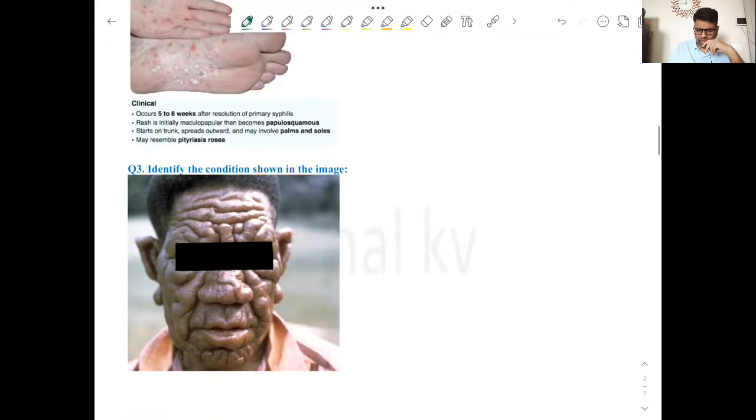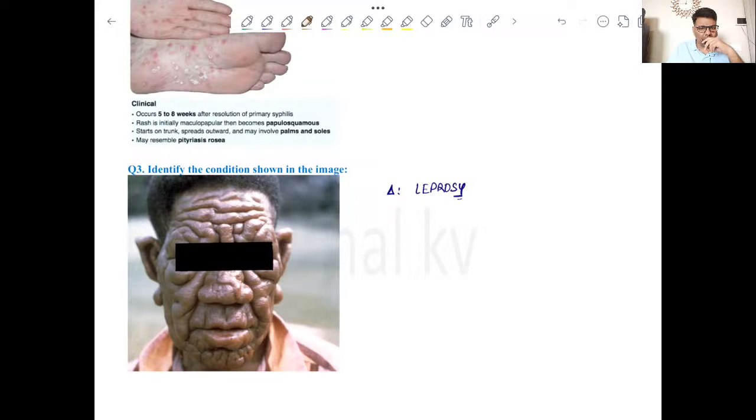Then moving on to another question, and again this is an image based question, and simply you have to answer what this actually is. I think this is one of the common conditions which we see in India, and it is not that difficult to diagnose. So most of you will obviously answer it correctly. You will say leprosy.